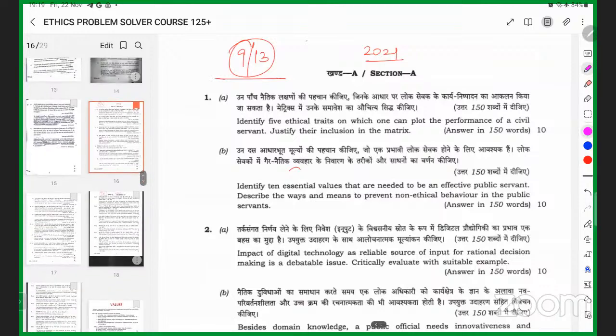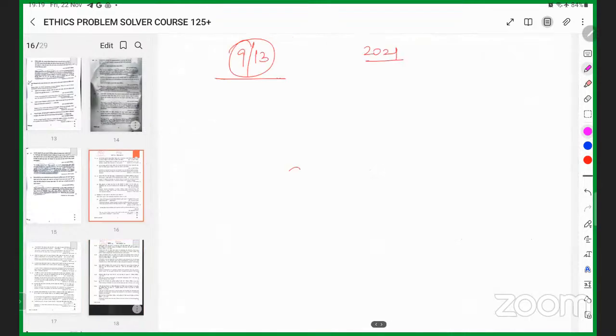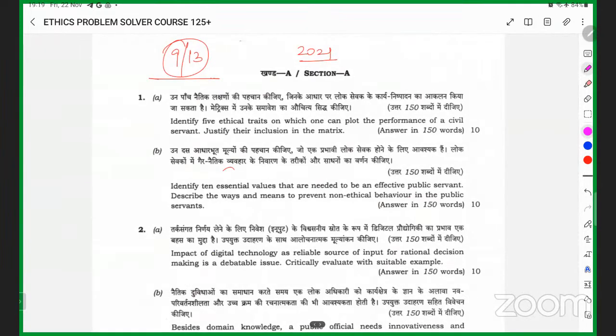This is 2021, right? So this is the question paper of 2021.